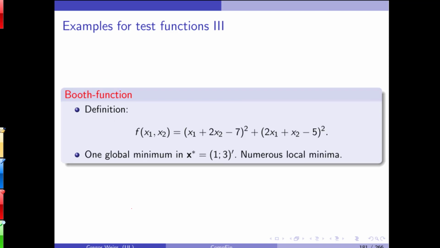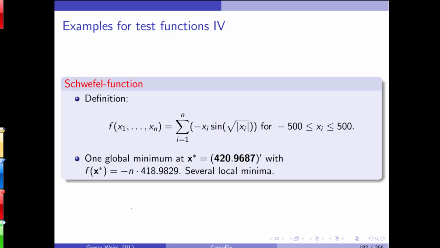A Booth function. This is really simple. As you can see, this is a polynomial. And it has a global minimum in the point 1,3 and numerous local minima. And the Schwefel function. Again, one global minimum, several local minima.